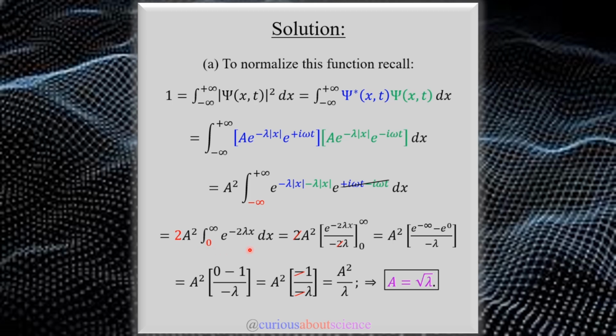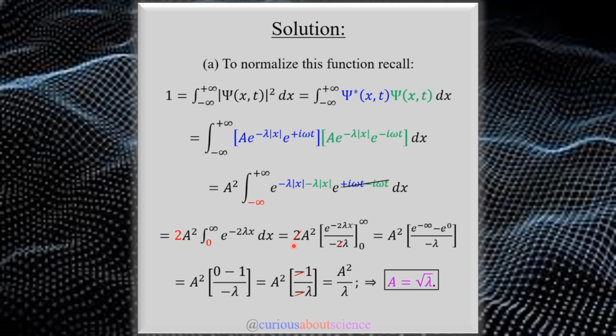Also note that we dropped the absolute value on x because we're taking the positive side of that expression, or rather the domain, so x is positive there, and we just use that instead of the absolute value. Now that we have this, a quick u sub can knock out this integral, and that's what we see here. E to the negative 2 lambda x over negative 2 lambda.